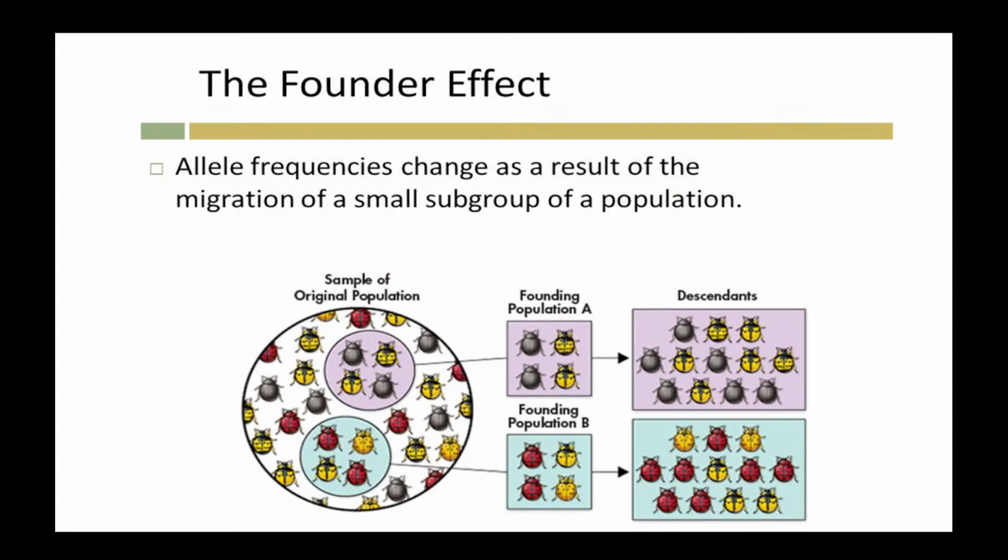Founder effect. It is very widespread in people, where allele frequencies change as a result of migration of a small subgroup of a population. The founder effect is very well seen in the migration of people from Europe to America.